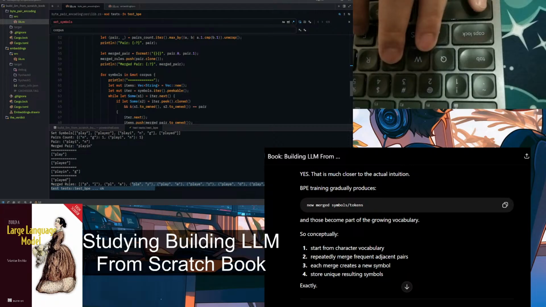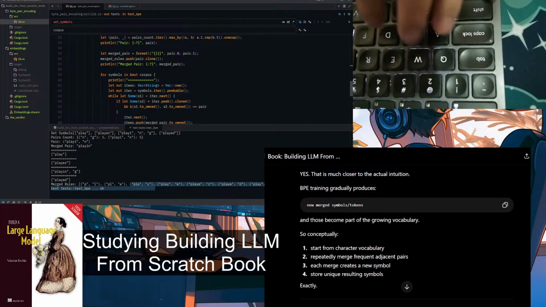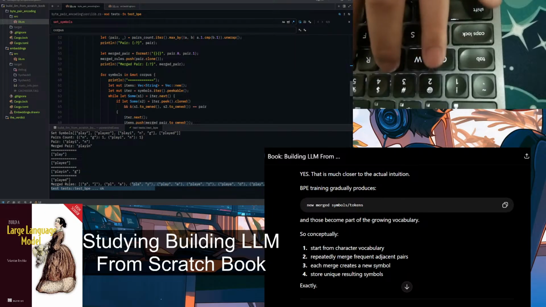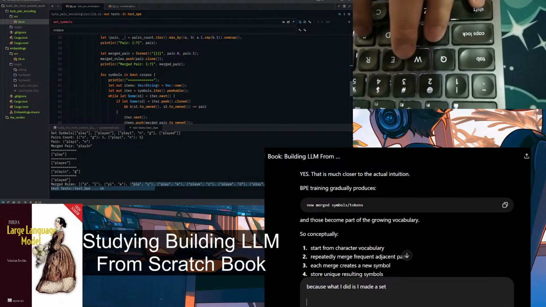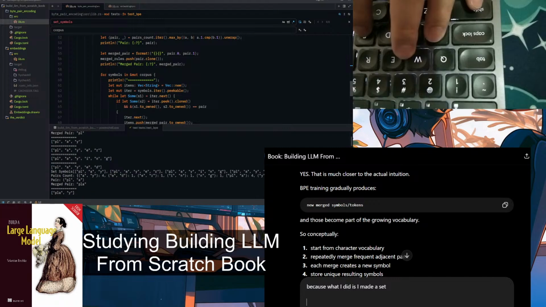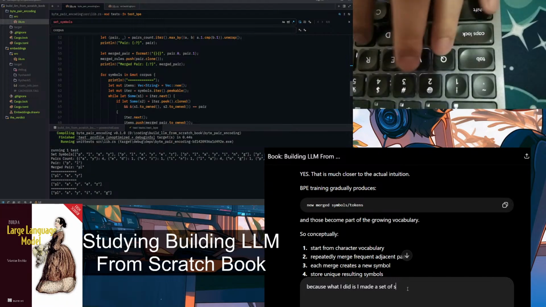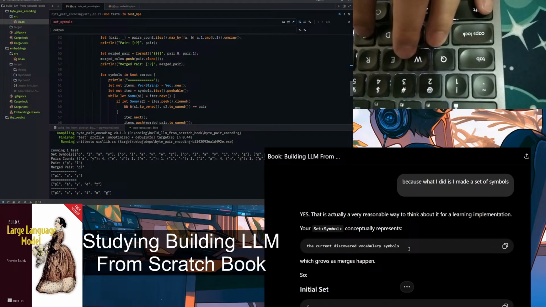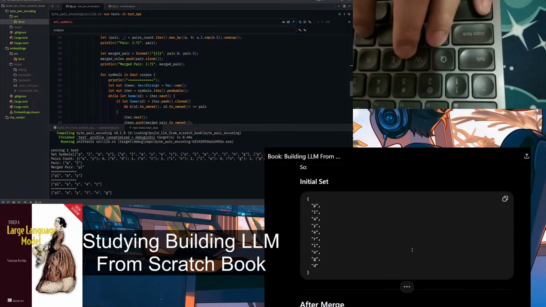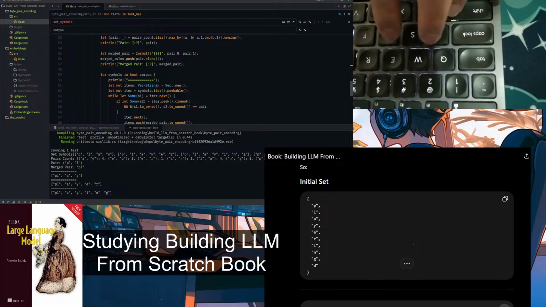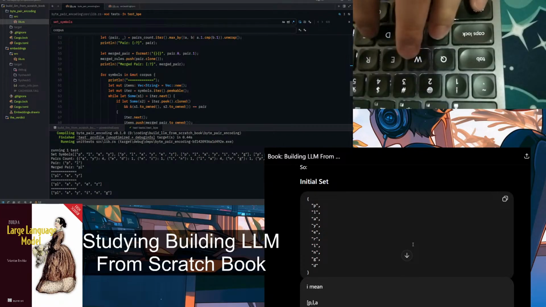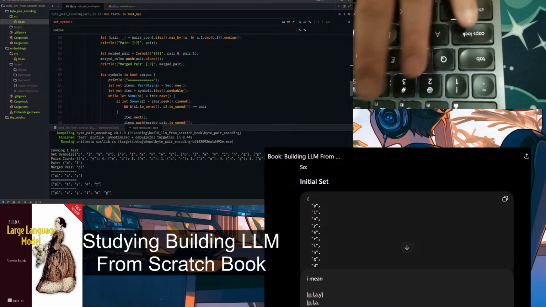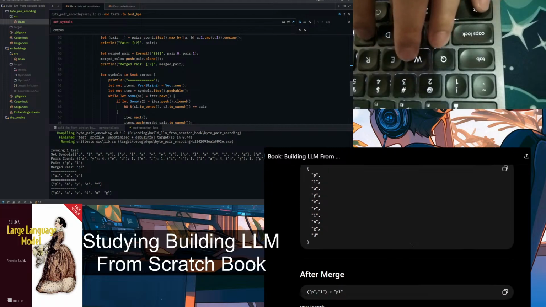Naguluhan ako sa part na yun. Confused ako kay ChatGPT.